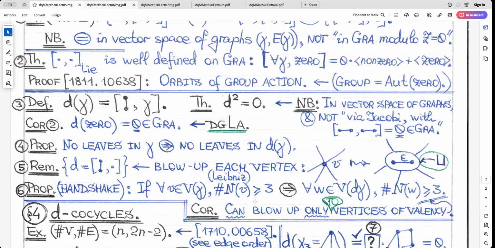What effectively does our differential, the vertex blow up differential, do? It goes over vertices of the argument graph. It blows every vertex into a stick such that something does attach to one end and something does attach to the other. So we do not form leaves.